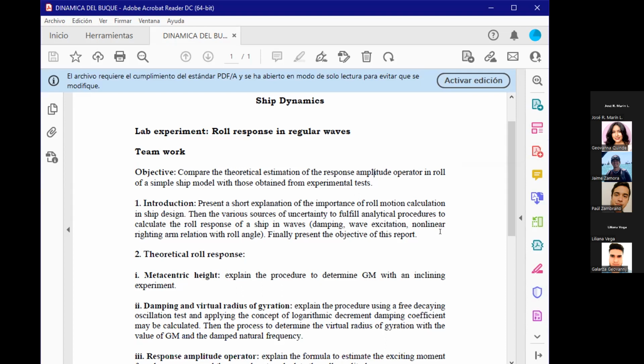Teamwork objective: compare the theoretical estimation of the response amplitude operator in roll of a simple ship model with those obtained from experimental tests. So that should be quite clear. This is what we need to check. The idea is that after you compare, let's suppose that the theoretical and experimental results are very close.